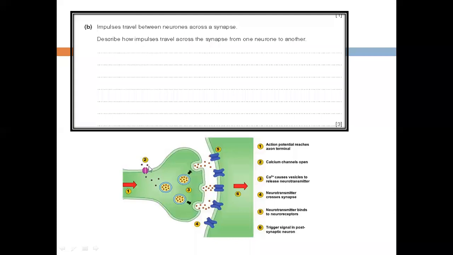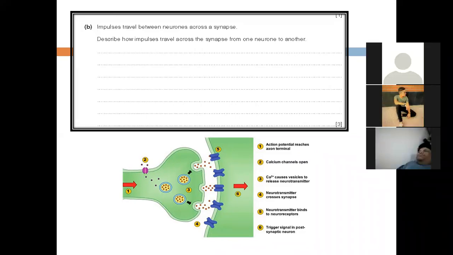So when the calcium channels open, the vesicles containing neurotransmitter will move toward the membrane of the presynaptic nerve, and fuse with it, and that will release the neurotransmitter into this gap.